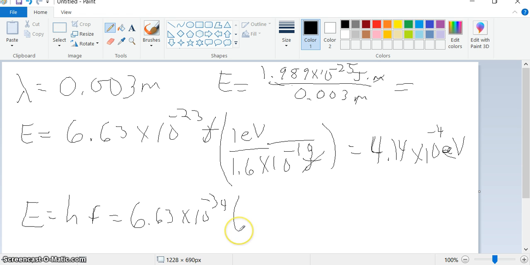They give us a frequency of 100 gigahertz, but we have to change the metric prefix giga into what it is numerically: times 10 to the positive 9th.